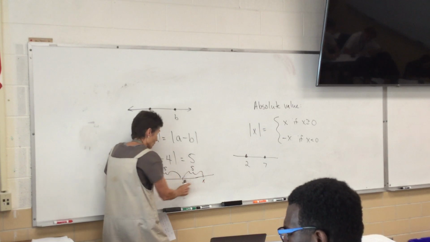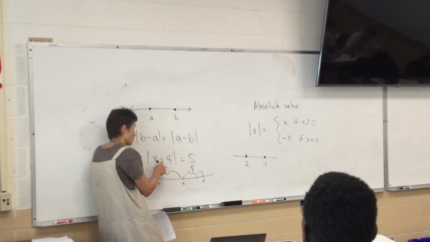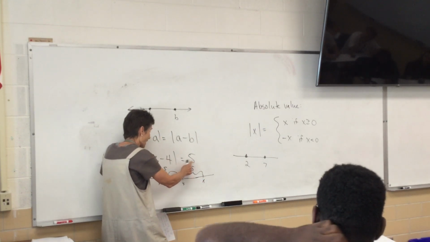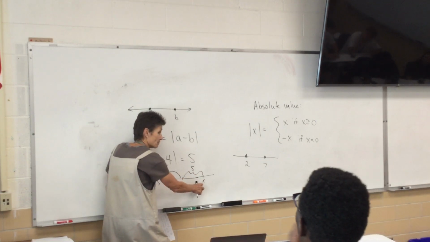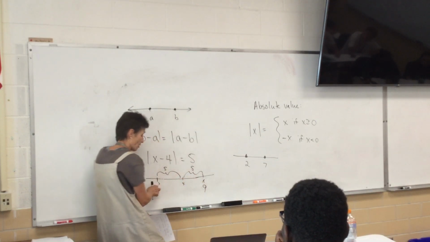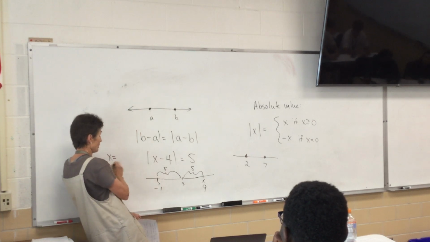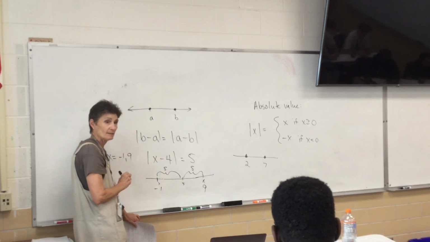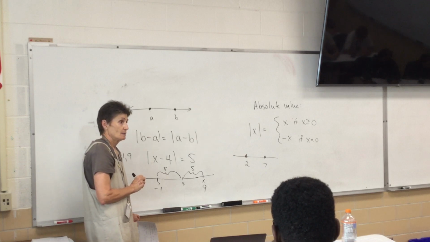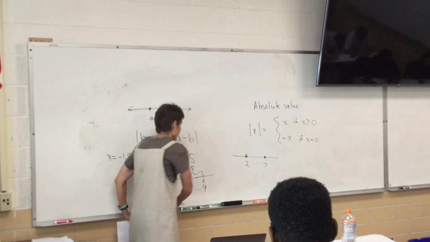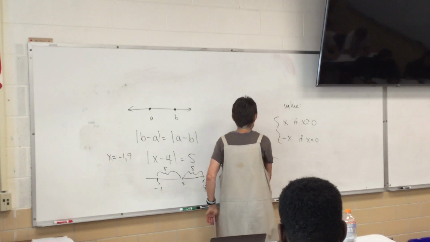Well, what could that number be then? If its distance from 4 is 5, what could that number be? 9 or -1. So the answers to that equation are -1 and 9. Simply from a distance standpoint.